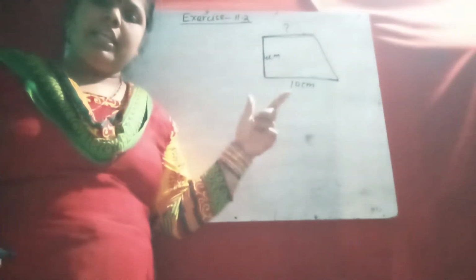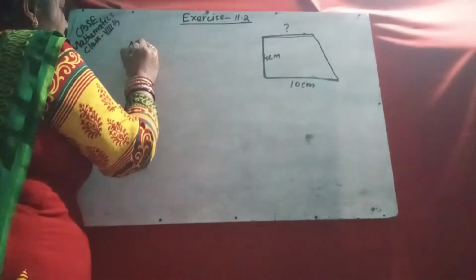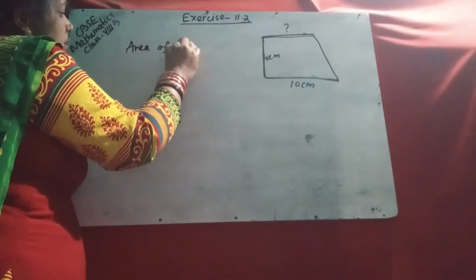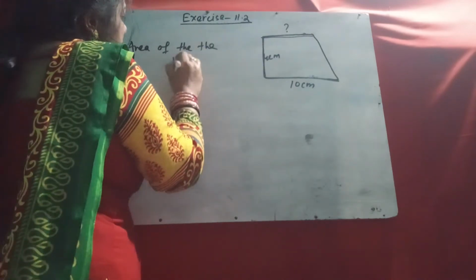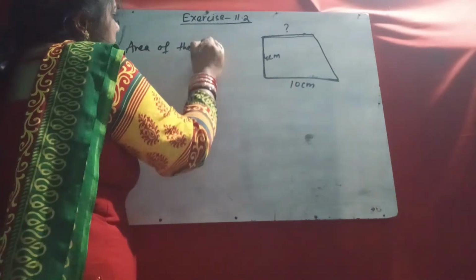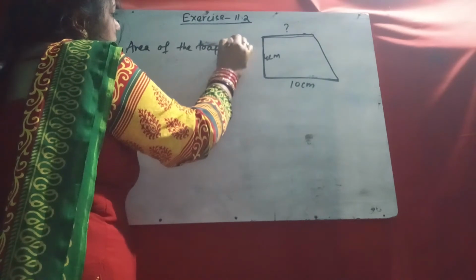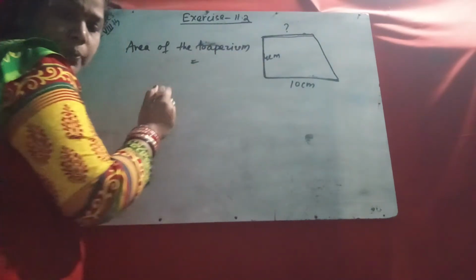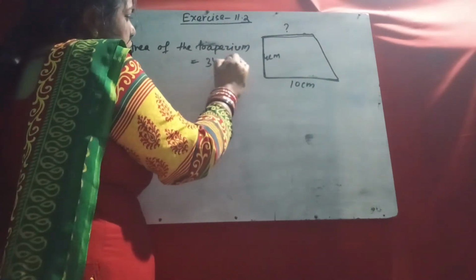So what is the area of the trapezium? The area of the trapezium given in your question is equal to 34 cm square.